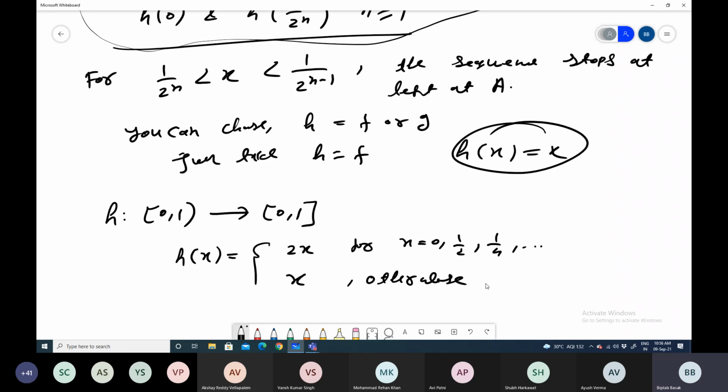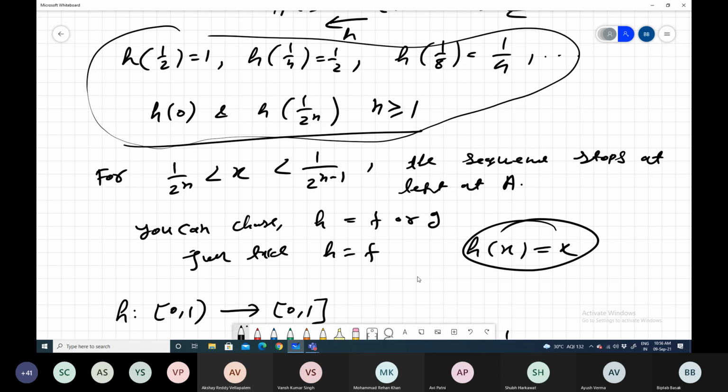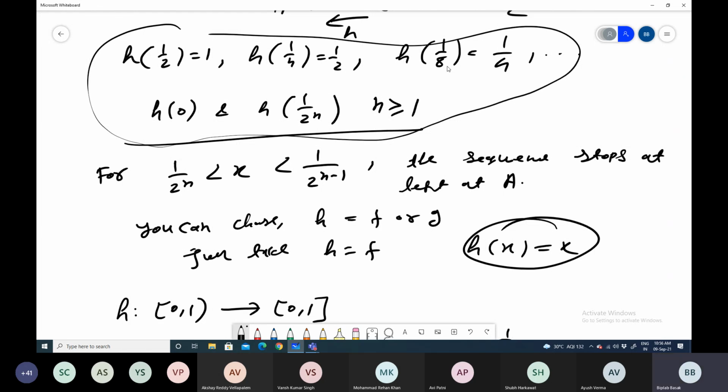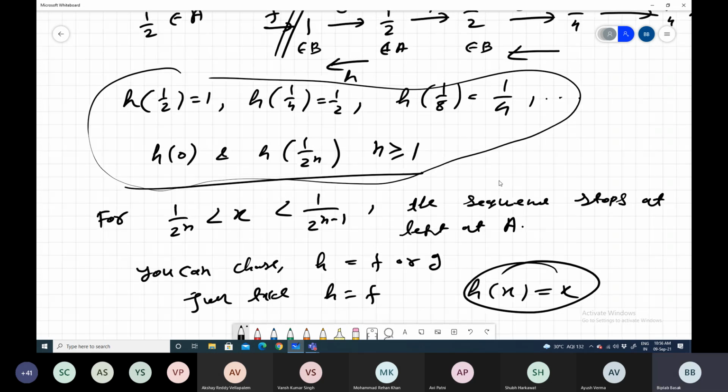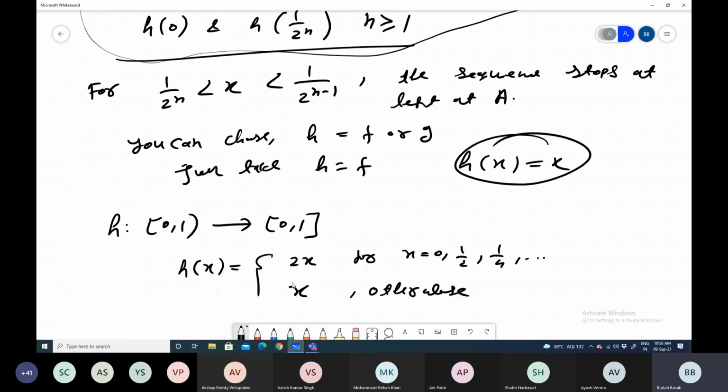So this is your bijection. For 0 it is 0. For 1 by 2 to the power n it is this way, just multiply by 2, so you can write it in terms of 2x. And otherwise you are just taking the element a. So that's all. So we are done.